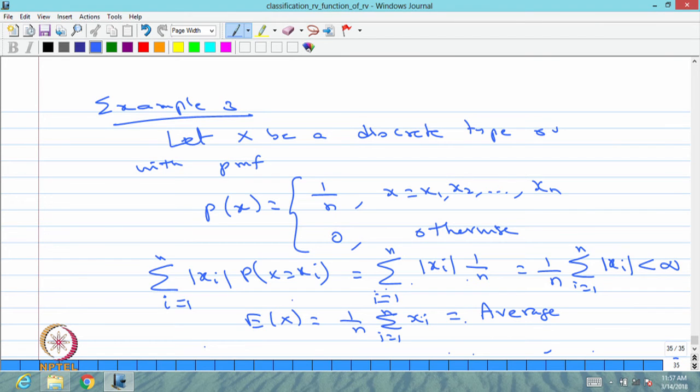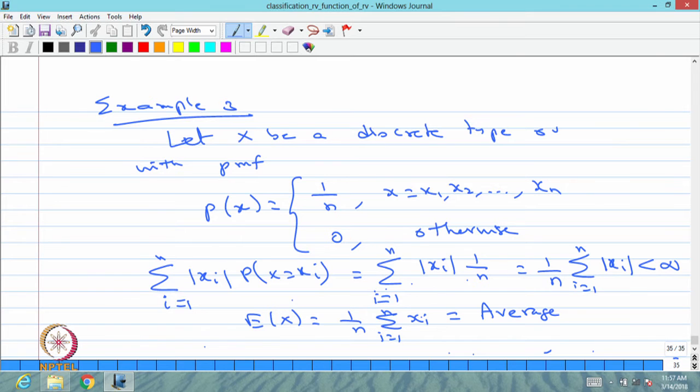So, whenever the random variable is equiprobable at a finite number of points, in that case the mean or expectation is the same as the average. Later we are going to conclude this random variable is called a discrete type uniform distribution. That means for a discrete type uniform distribution, the mean or expectation is the same as the average.